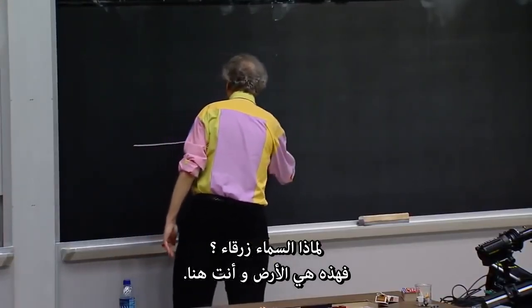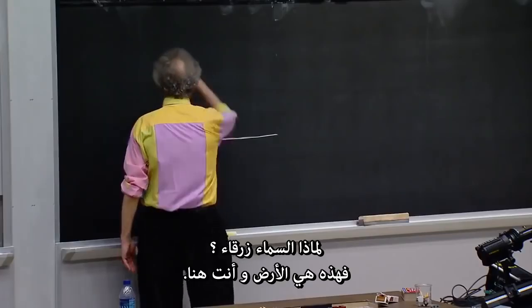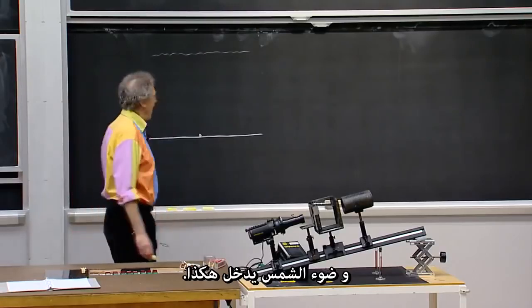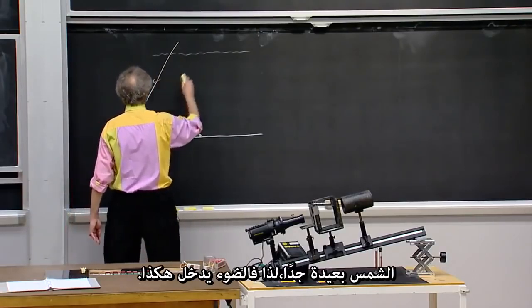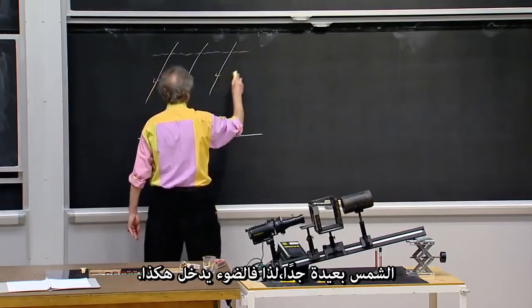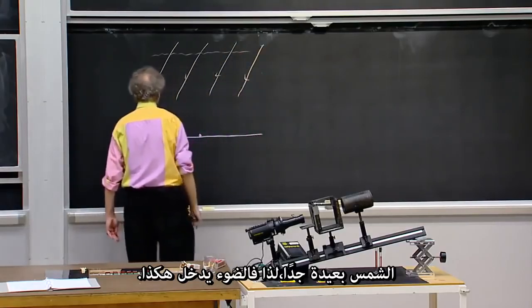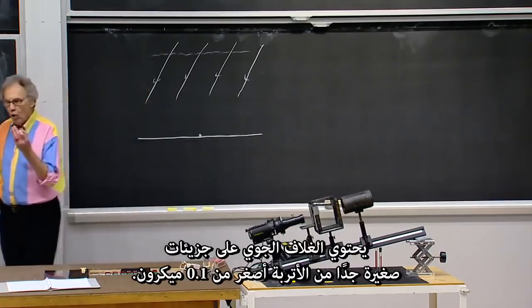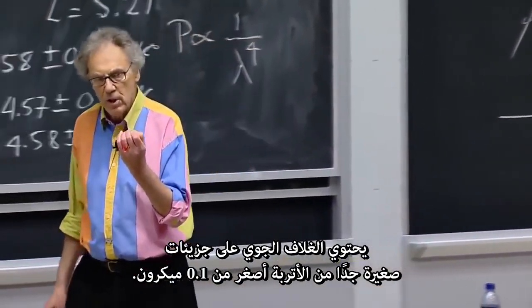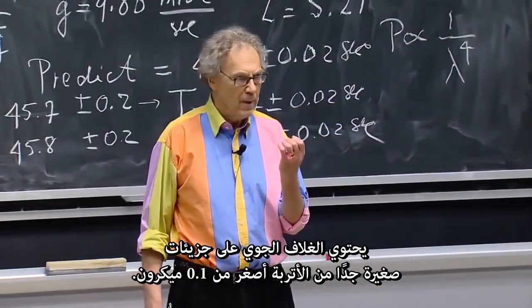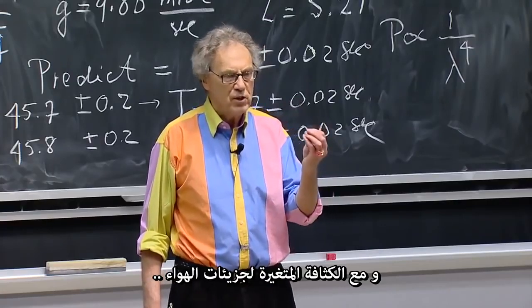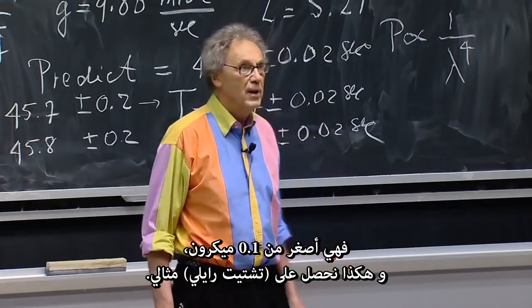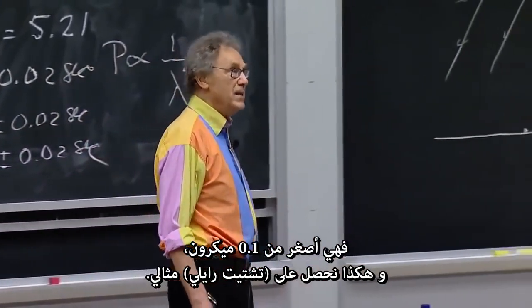Here is the ground, and you are here. And here is, say, roughly the top of the atmosphere. And the sunlight comes in like this. The sun is infinitely far away, so the sun comes in like this. The atmosphere is full of very small dust particles, smaller than a tenth of a micron, and even the density fluctuations of the air molecules themselves are clearly smaller than a tenth of a micron, and so you get ideal Rayleigh scattering.